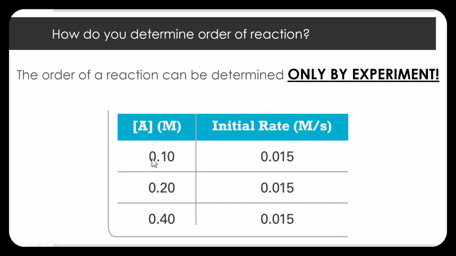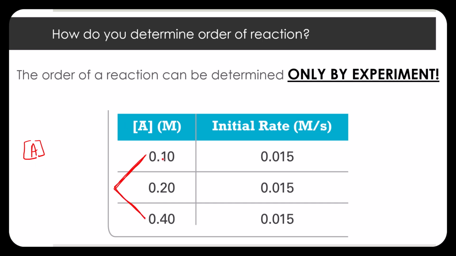As we go from trial 1 to trial 2 to trial 3, we're increasing the concentration of A, and then we take the rate of each of those trials. So first, let's look at the concentration of A, and let's pick 2 different trials just for funsies. So let's pick trial 1 and trial 3.